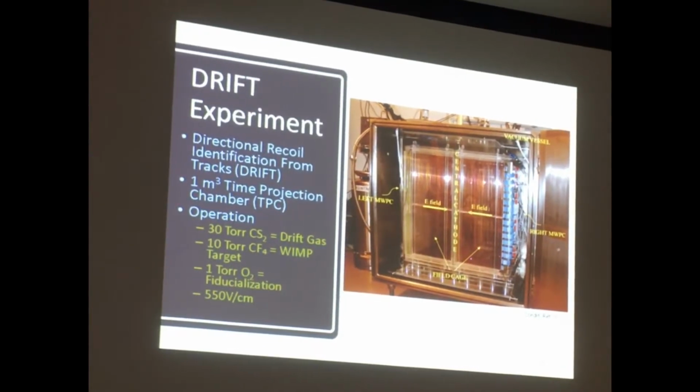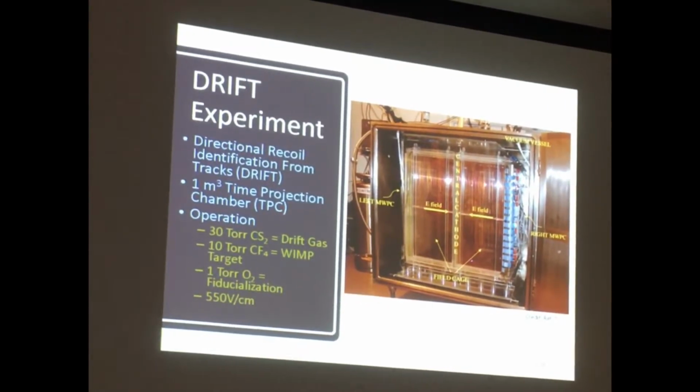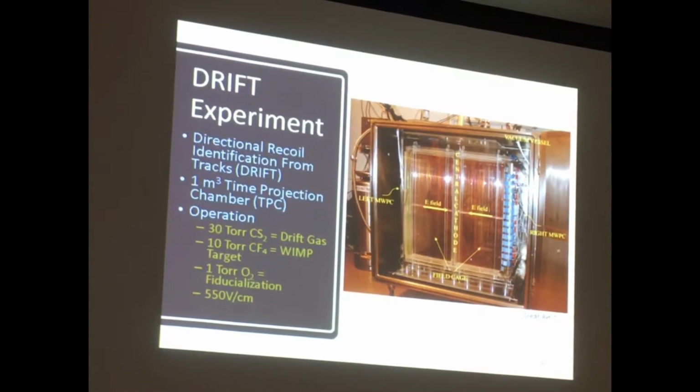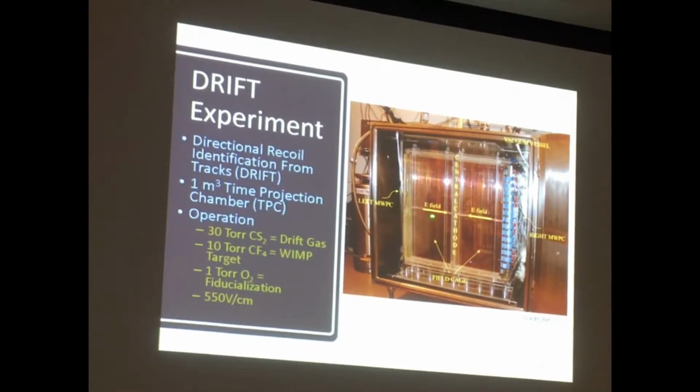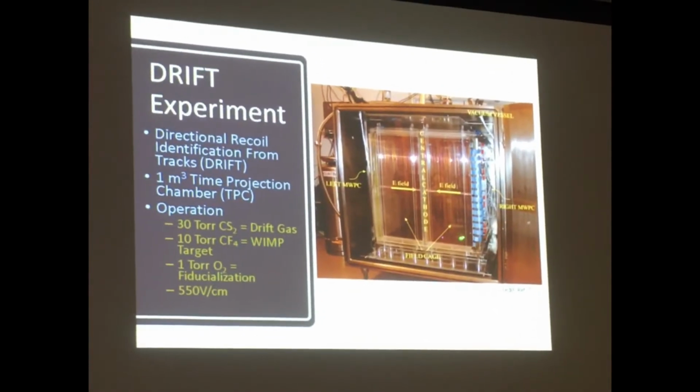You see that there's this central cathode in the center that divides the detector into two regions, and then there's a uniform electric field within each side.